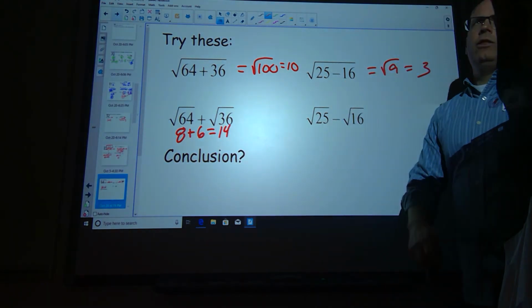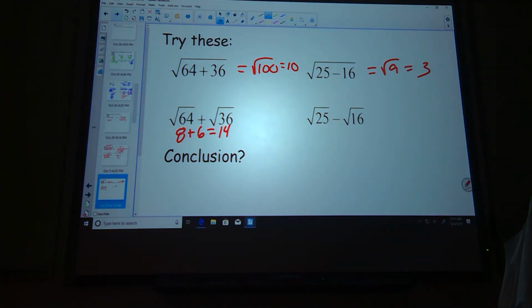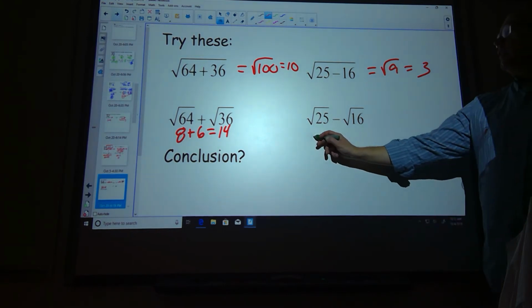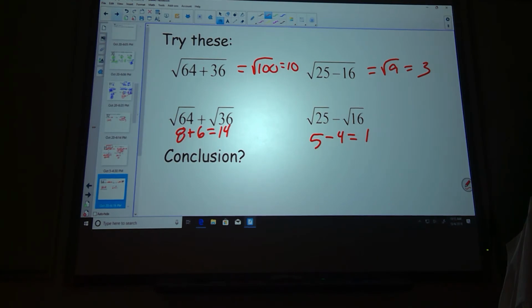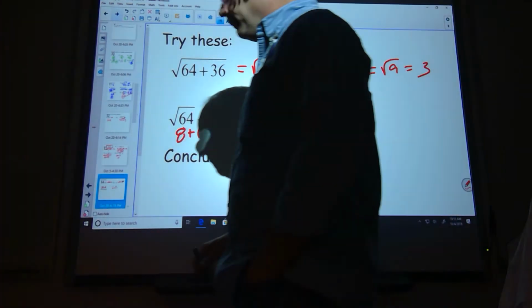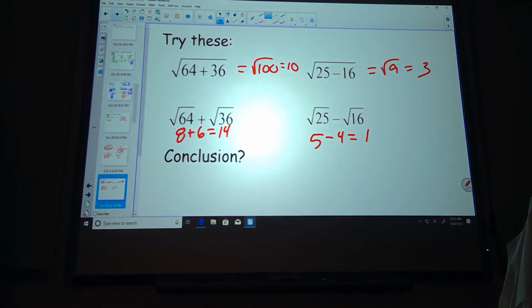Why didn't I just add those together? Because you can't. It's like saying, what's x plus y? X plus y. You have 2 completely different radicals. You happen to have 2 perfect square roots. Good stuff. And then this is 5 minus 4, which is 1. Good to move on?